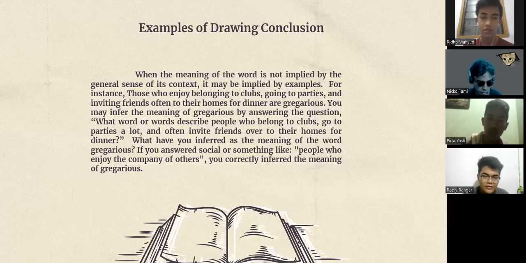Based on this example, we can infer the meaning of gregarious by answering the question: what word or words describe people who belong to clubs, go to parties a lot, and often invite friends over to their homes for dinner? What have we inferred as the meaning of the word gregarious?